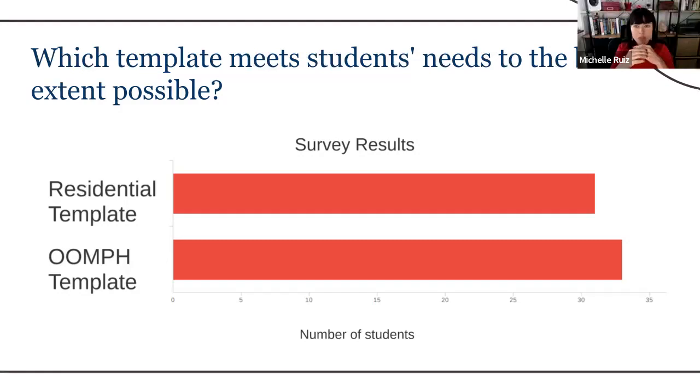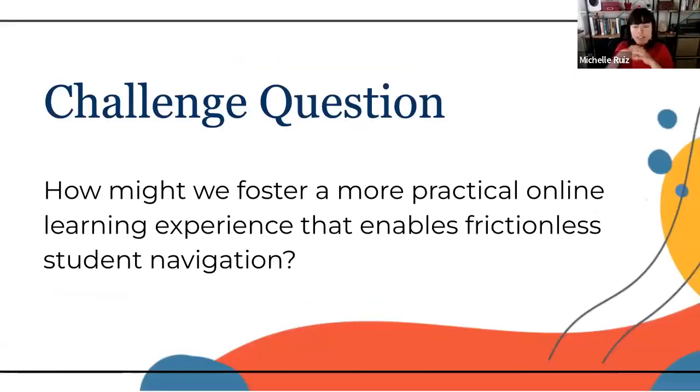So that's when we posed the question, how can we design even a new template that has the features from both? And we decided to use what many hopefully are familiar with, which is human-centered design or design thinking. One of the first steps is to have a challenge question that guides the design process.